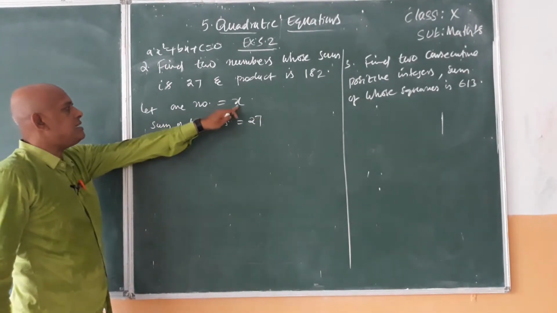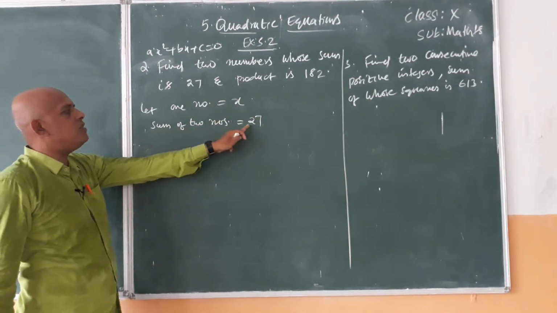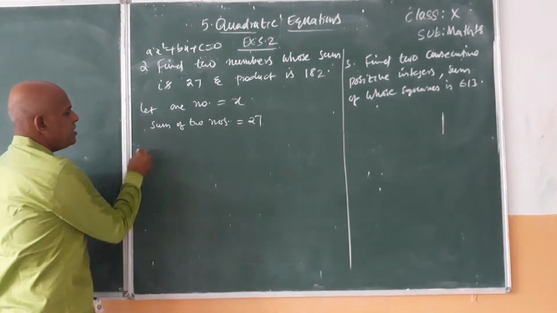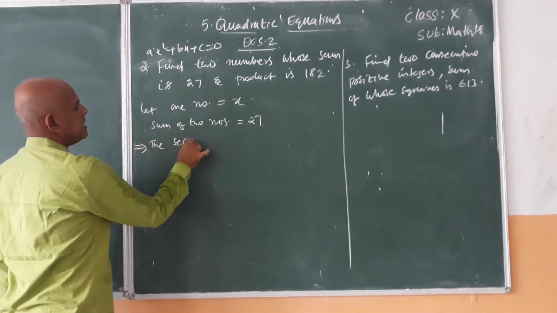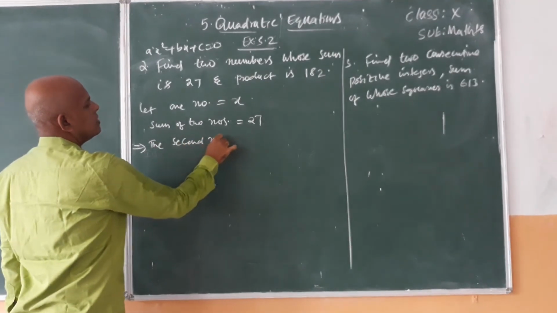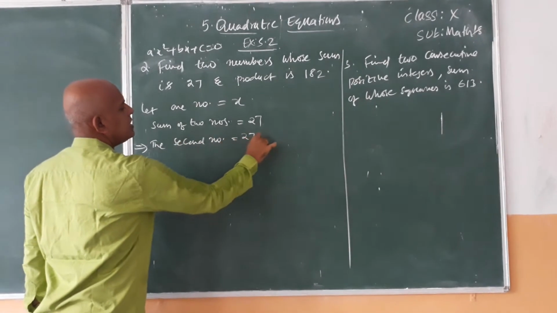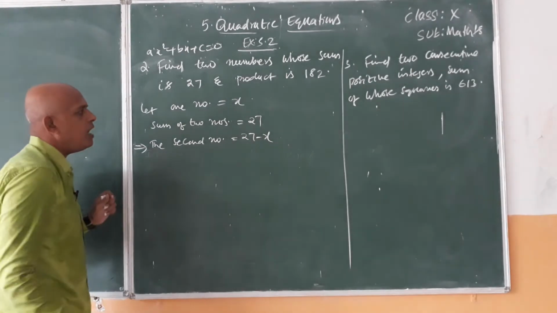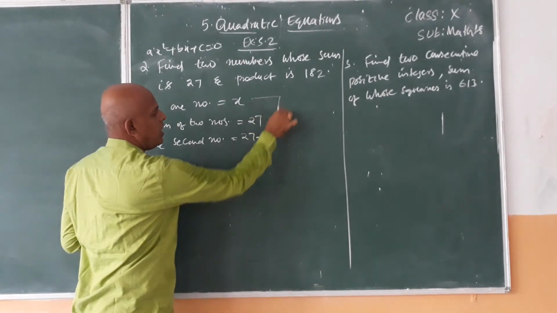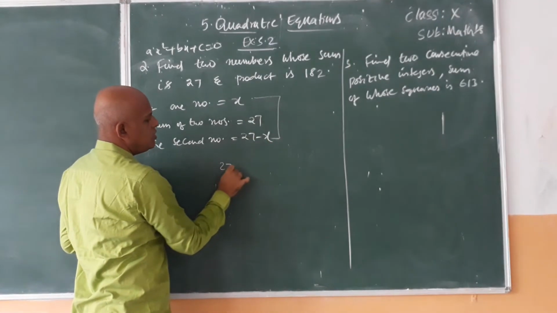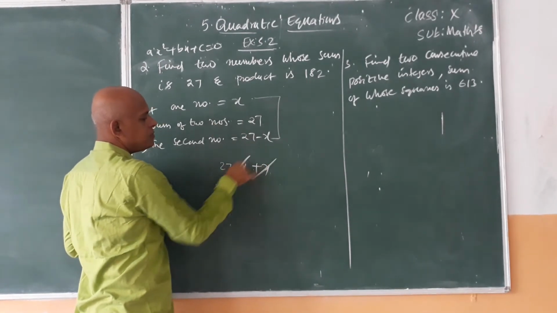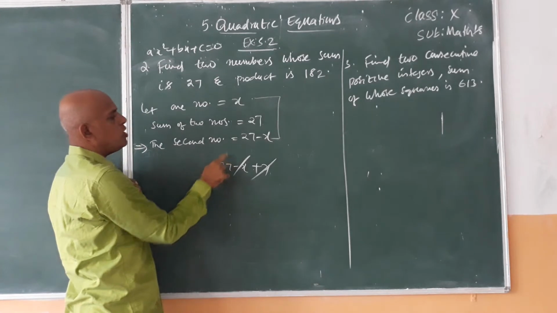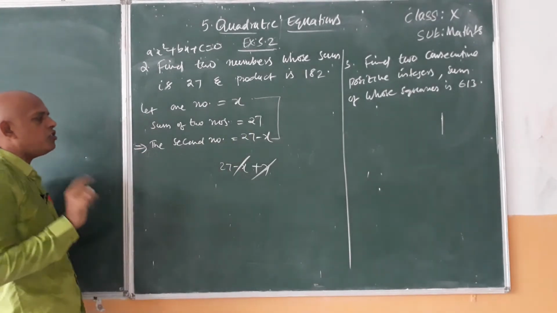If one number is x and the sum of two numbers is equal to 27, then the second number is equal to 27 minus x. Because if you add these both, 27 minus x is one number and x is the other number, so minus x plus x gets cancelled, and the sum of two numbers is 27. That you have to verify.